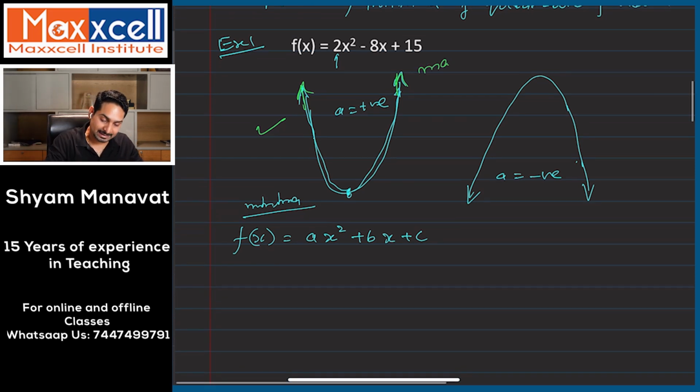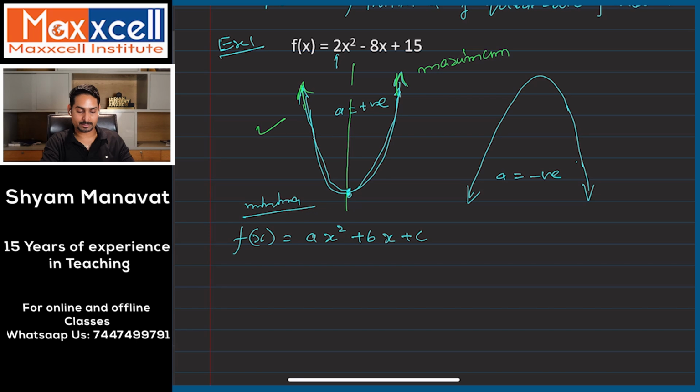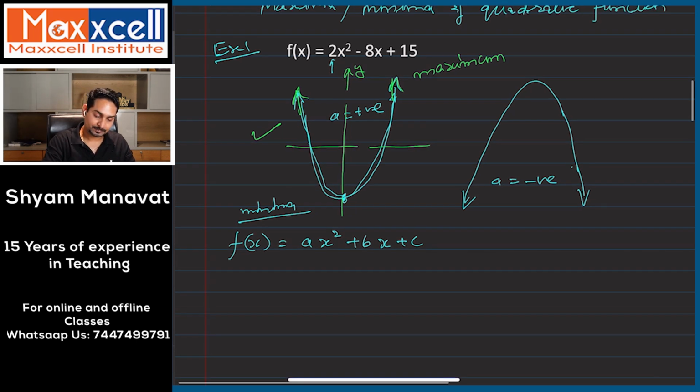So maximum value is not possible. On the y-axis, if you see, it will keep increasing, right? But after one point, it is turning from that minimum point. So in such a case, minimum is possible.